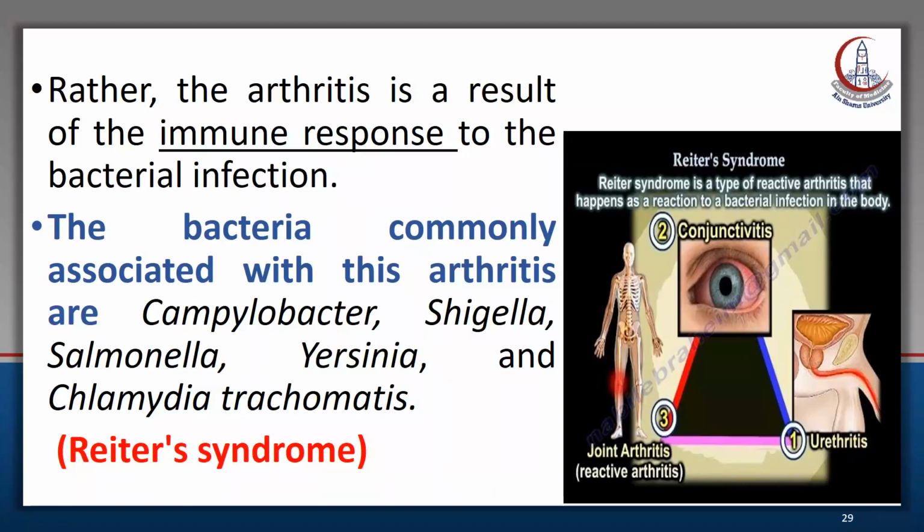There are some bacteria commonly associated with reactive arthritis: Campylobacter, Shigella, Salmonella, Yersinia, and Chlamydia trachomatis. It's a syndrome called Reiter's syndrome, which consists of reactive arthritis, conjunctivitis, and urethritis.